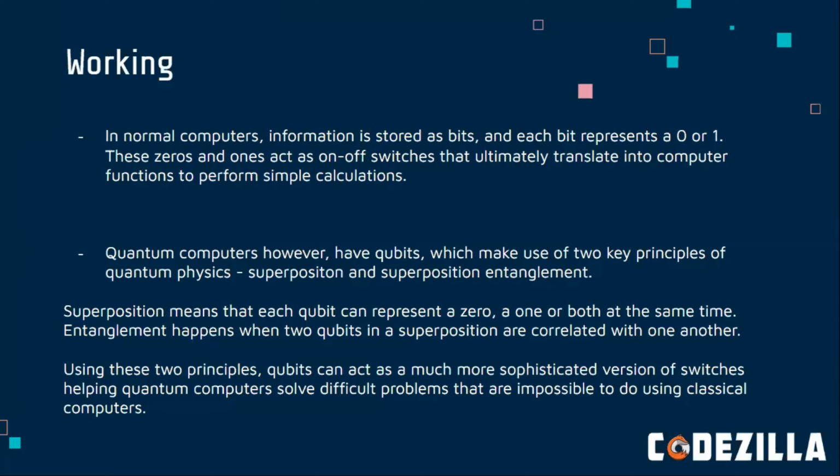Entanglement happens when two qubits in a superposition are correlated with one another, meaning the state of one qubit, whether it is a 0, a 1, or both, depends on another qubit. Using these two key principles, qubits can act as a much more sophisticated version of switches, helping quantum computers solve difficult problems that are impossible to do using classical computers.